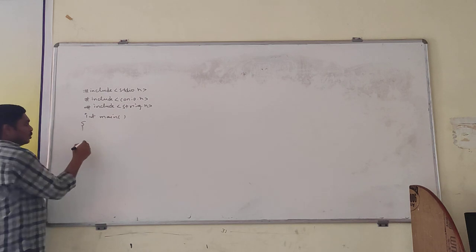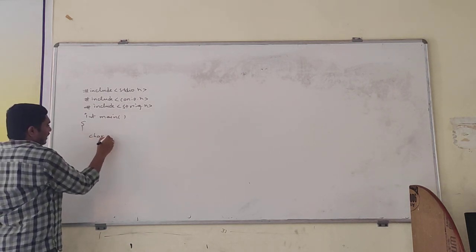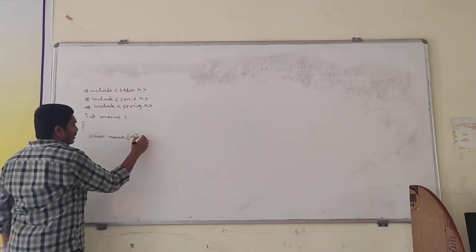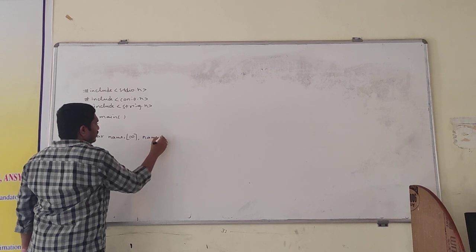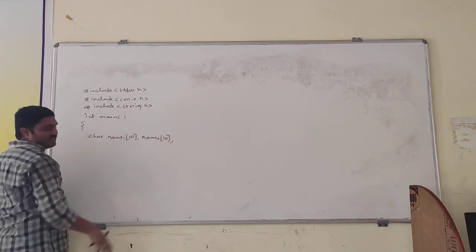So here I am taking two strings, character arrays, char name1[10], name2[10]. Here I am taking two strings, name1 and name2 of size 10.